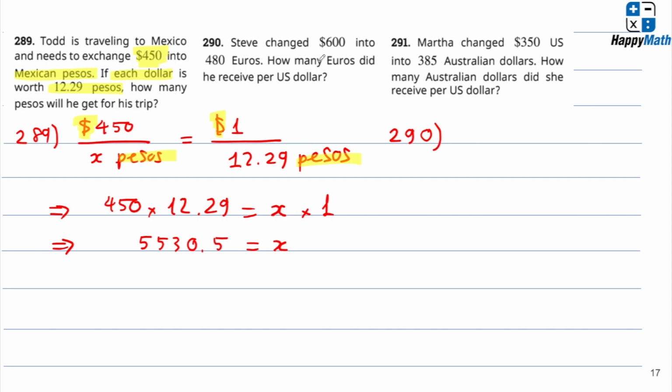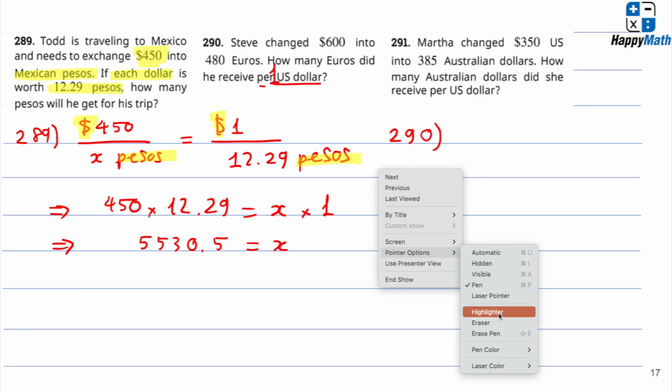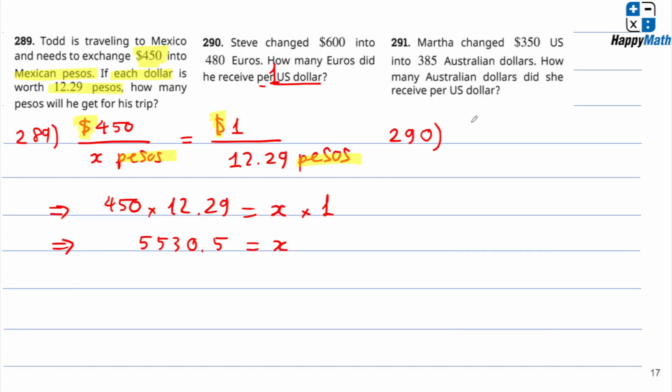290. Into how many euros per $1? Per US dollar means $1. Okay, so dollar first. $600 about 480 euros.